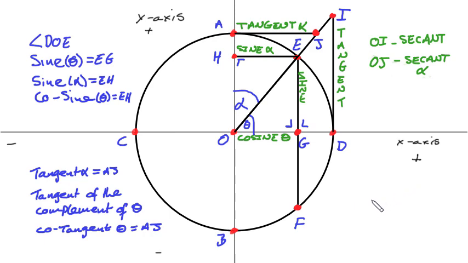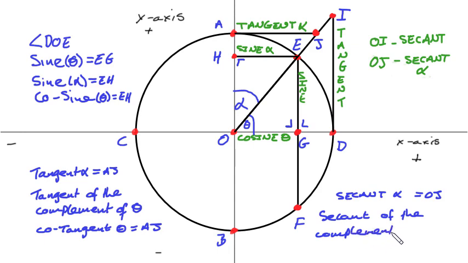And using the very same argument, we have that the secant of alpha is equal to OJ, and that is the secant of the complement of theta, or the cosecant of theta.